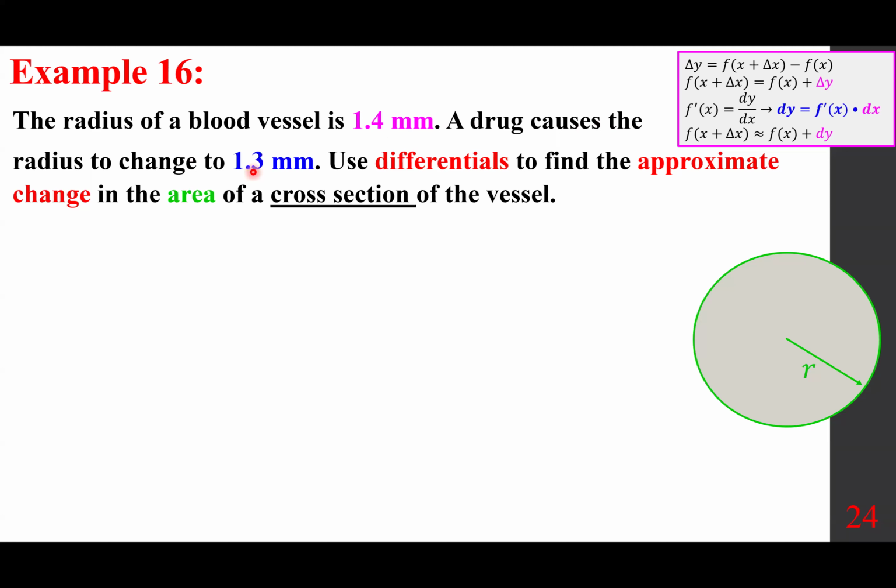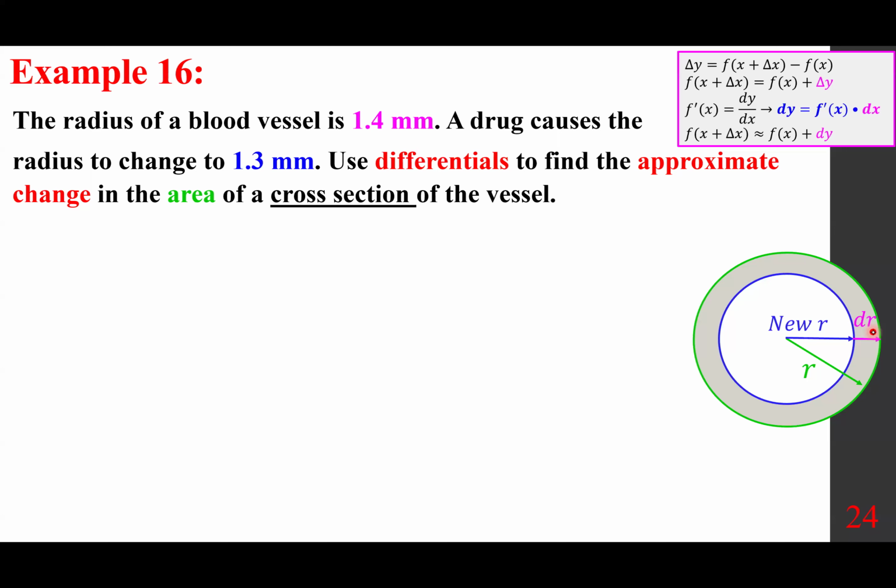A drug causes it to change to 1.3. It's going to get smaller. Now we have a new radius, and the new radius is 1.3, and this part is dr, or delta r, the change in radius. So the difference between the two is the dr.